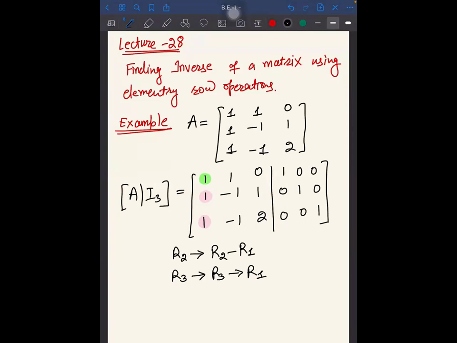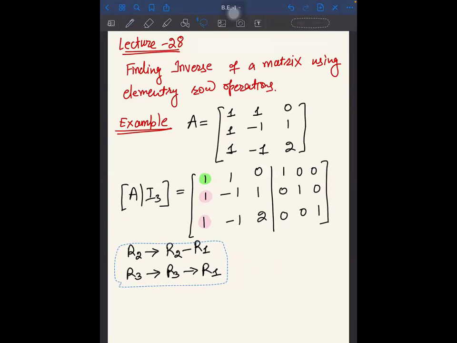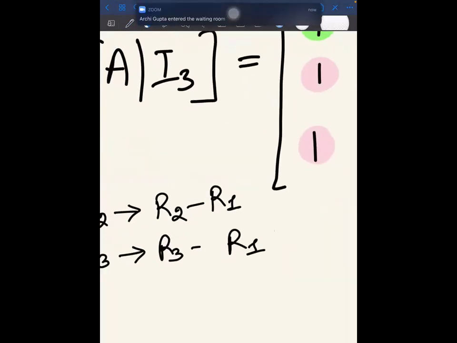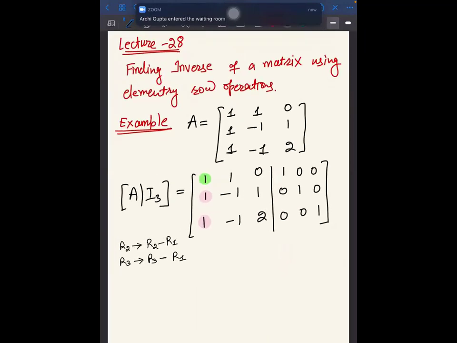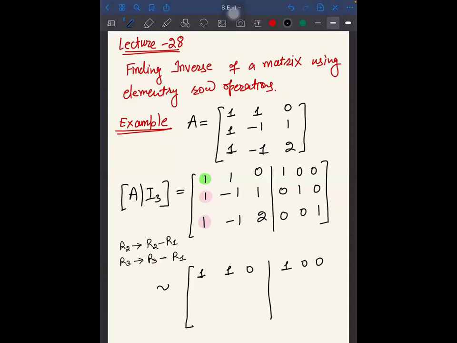So let me make some space over here. So now this will be 1 1 0 1 0 0. The first row will be as it is, and if we subtract R1 from R2, this will be 0 1 and minus 1 minus 2, 0 will be subtracted.